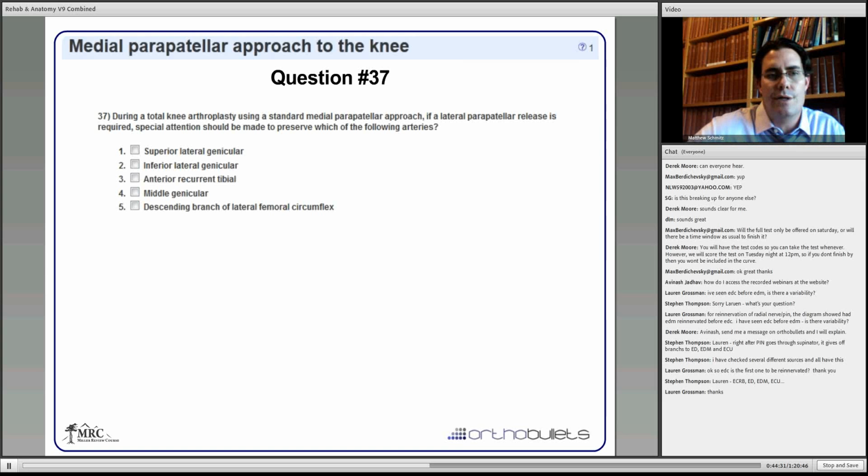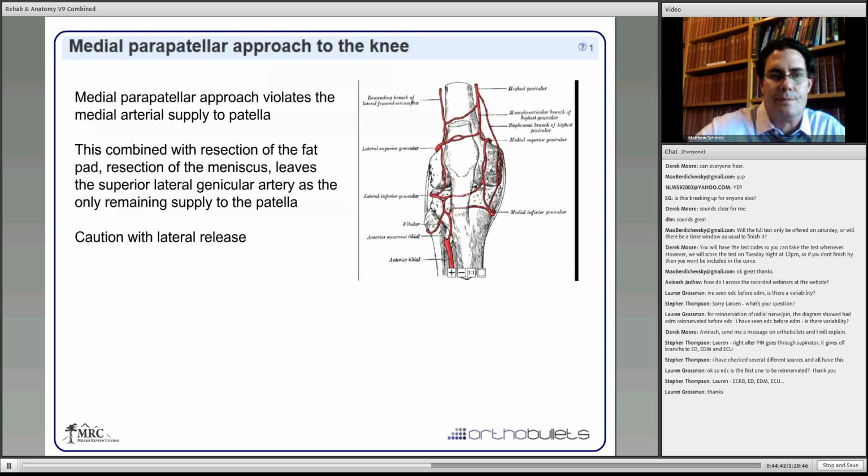During a total knee arthroplasty using a standard medial parapatellar approach, if a lateral release is required, special attention should be made to preserve which of the following arteries? We know that the medial parapatellar approach essentially violates all of the medial blood supply to the patella. If you combine that with doing a total knee, when you resect the fat pad for visualization and resect the meniscus, that leaves essentially only the superior lateral genicular artery as the remaining blood supply to the patella.